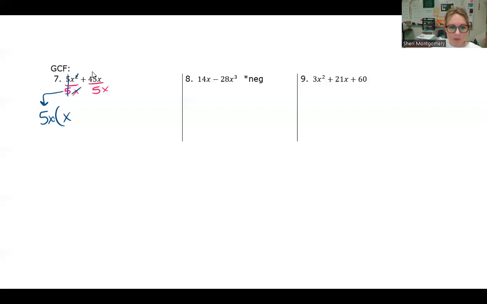I'm not doing anything with the plus sign. It's still going to be plus. What about 45 and 5? How many times does 5 go into 45? 9 times. And then an x over an x, that becomes 1. I just did greatest common factor, factoring.